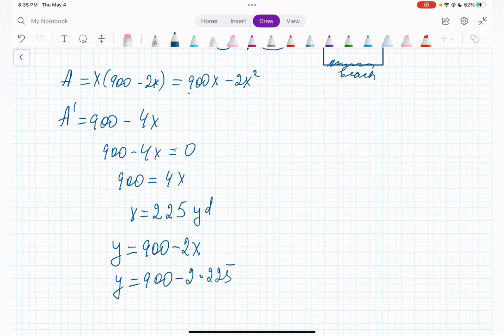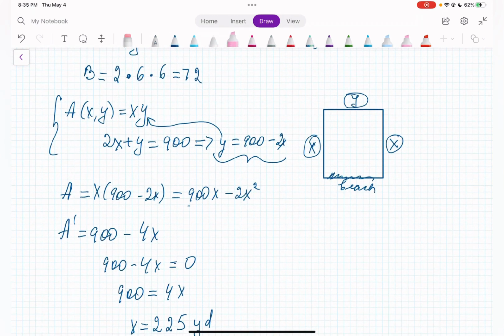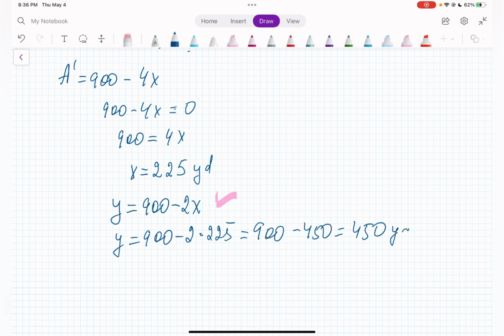So not to wonder where I got this from, this is originally from the beginning. Remember, here it is. That's where I took it from. And here we get 900 minus, how much is it going to be? 225 times 2 is 450. And we're going to get 450 yards.